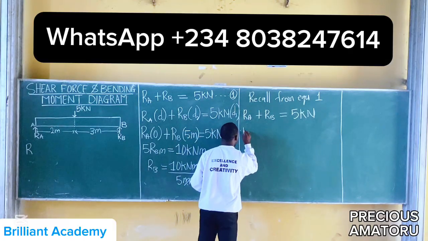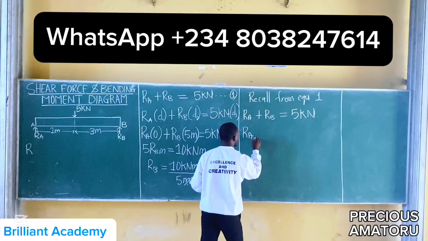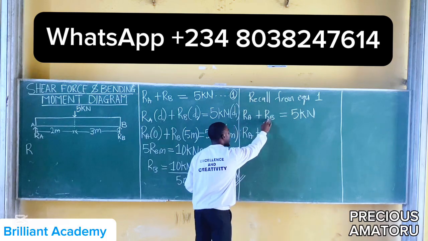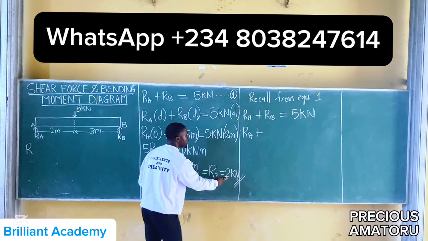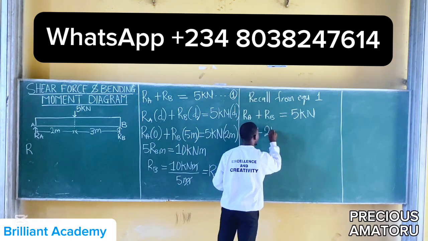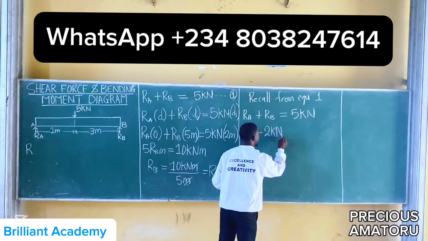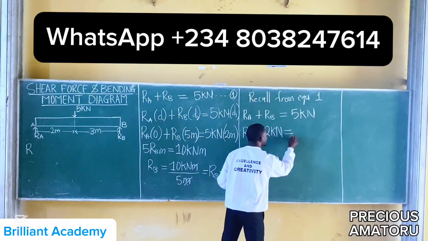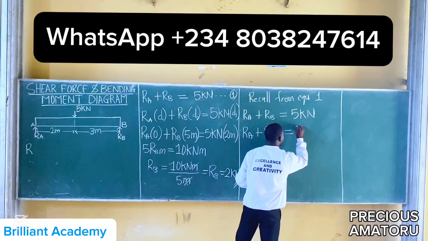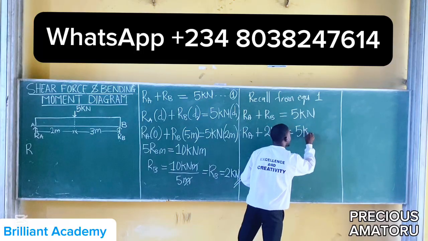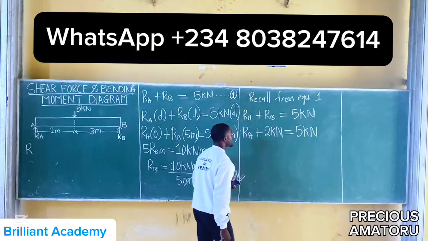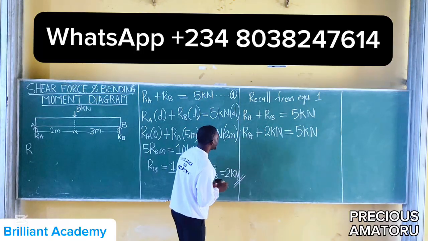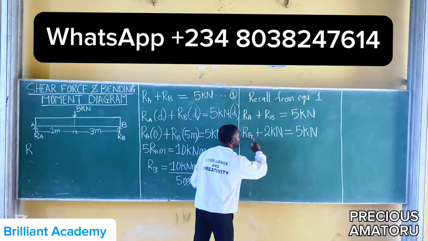So we have RA plus, what's the value of RB? RB is 2 kilonewton, equal to 5 kilonewton. Alright, so we can make RA subject of this equation.